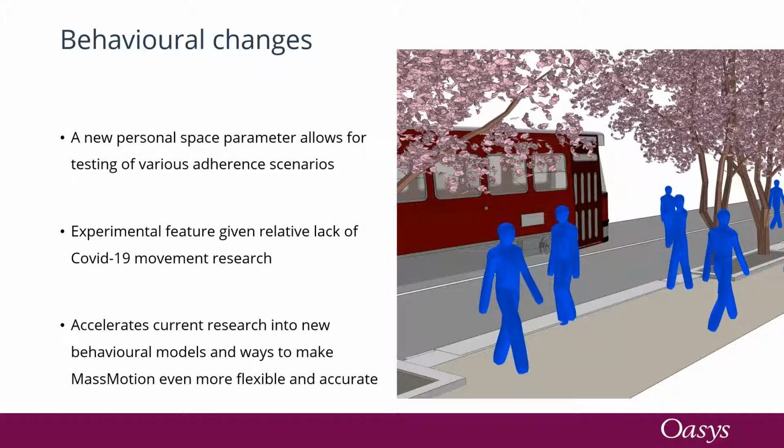And so you can set either a distribution of different personal space parameters that each individual across the population will adhere to, or say, 30% of my population will strictly socially distance. That's an input to these models, and it allows you to use that as another thing to test. This is based on changes to the social forces model, giving people a parameter to change an element of this.